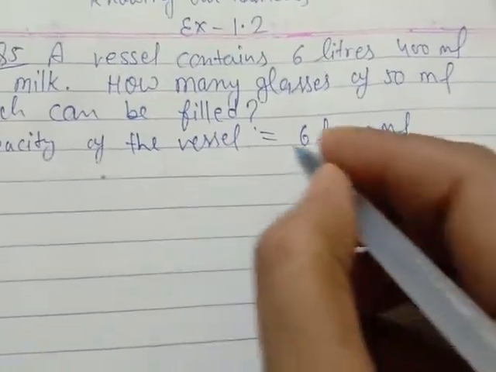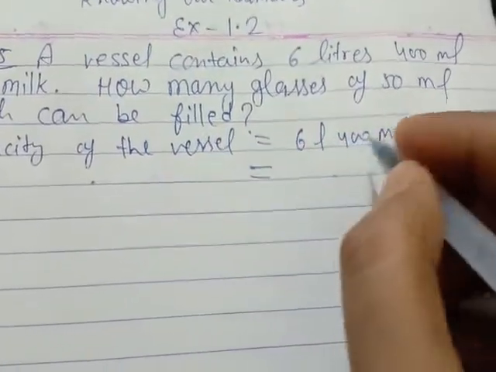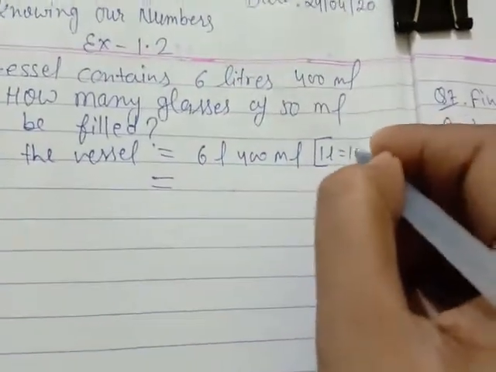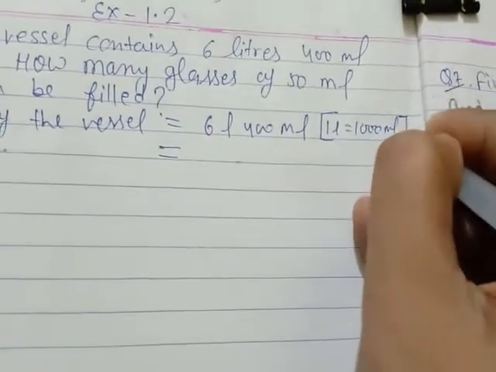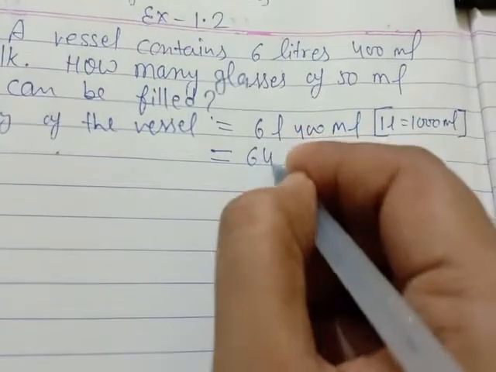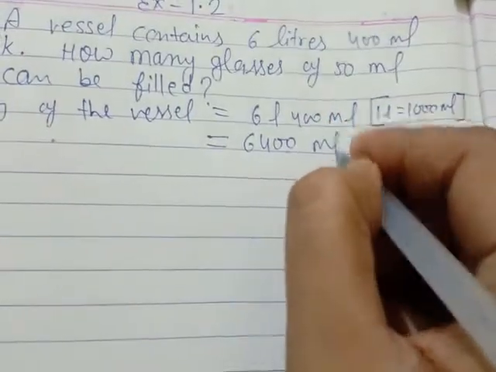Now we will convert it into ml. We know 1 liter is equal to 1000 ml, so it becomes 6400 ml.